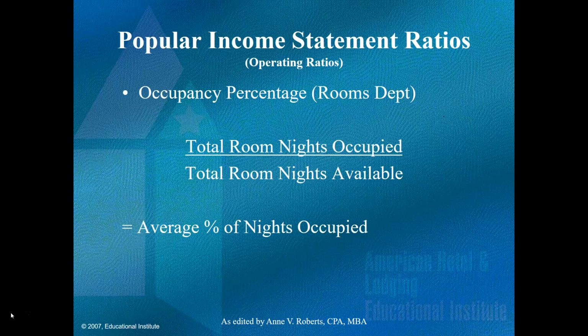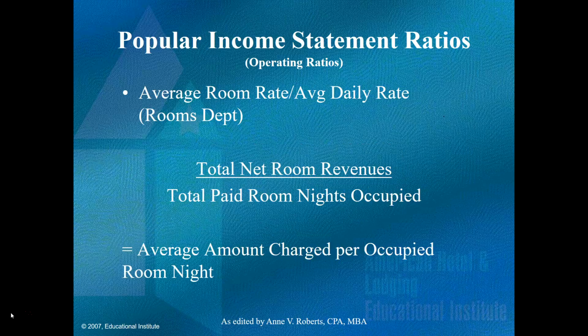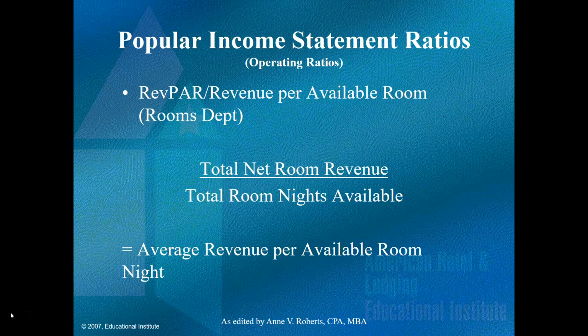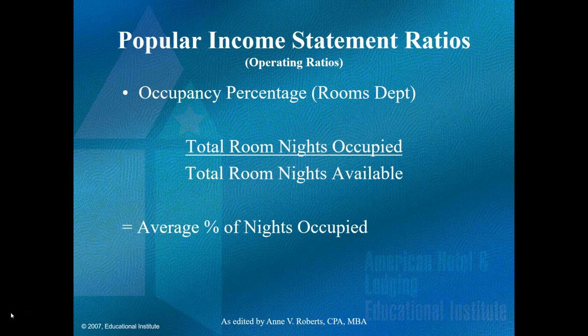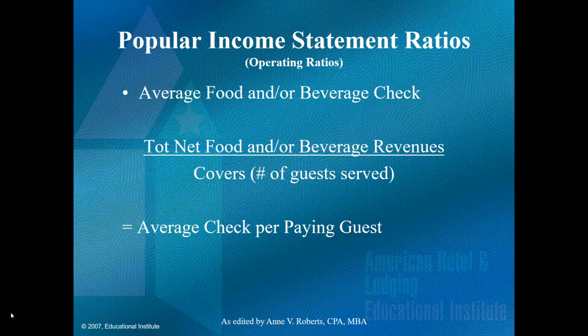So take those 3 ratios. Here we've got room nights occupied, same net room revenue. Now we've got same net room revenue divided by total nights available. Now we've got total nights occupied versus available. When you're studying, compare these 3 ratios together, and start playing with some numbers and see how they move together. Very good.